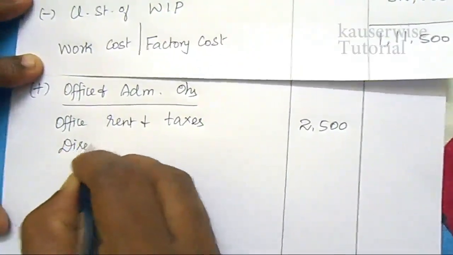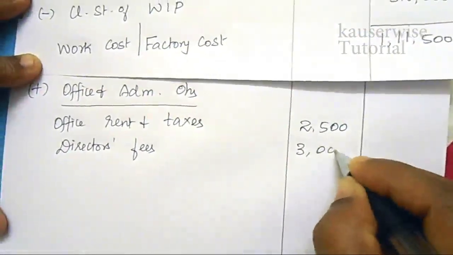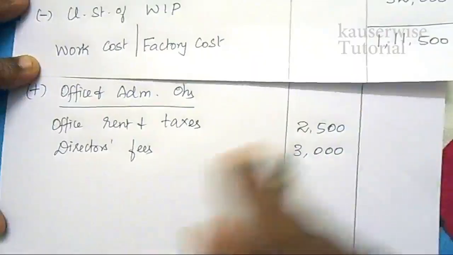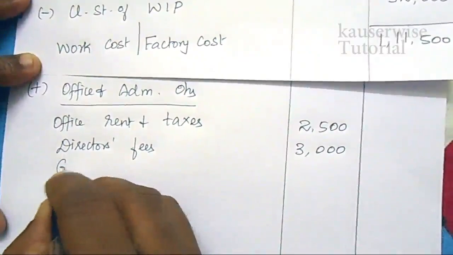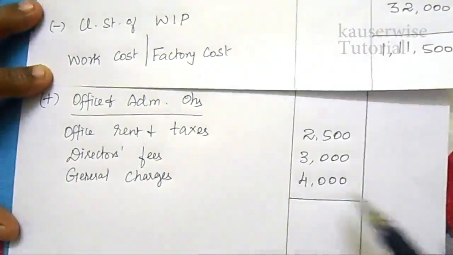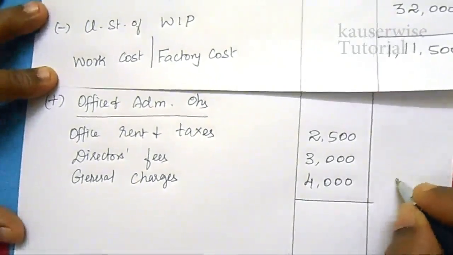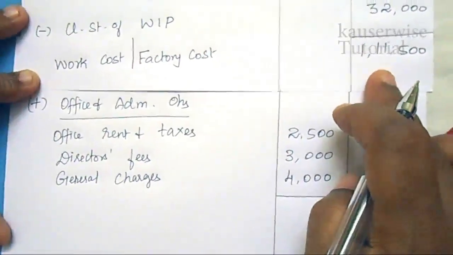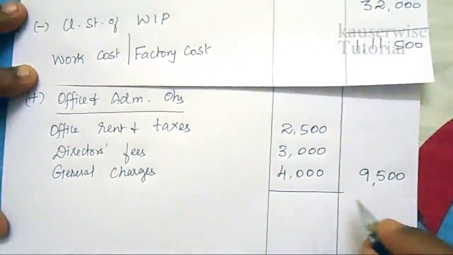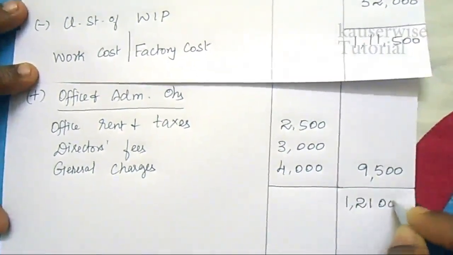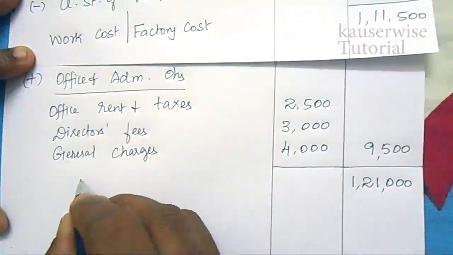General charges 4,000. Total 9,500. 1,11,500 plus 9,500, total 1,21,000. This one is cost of production.